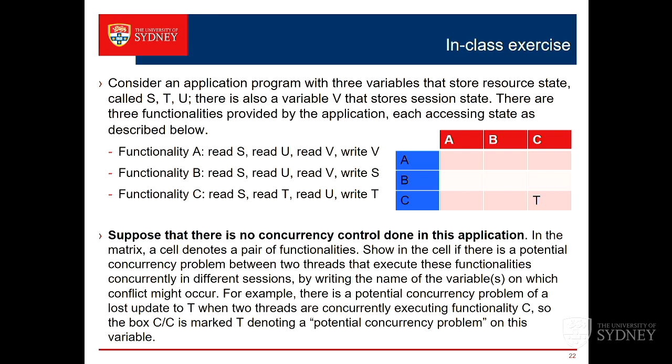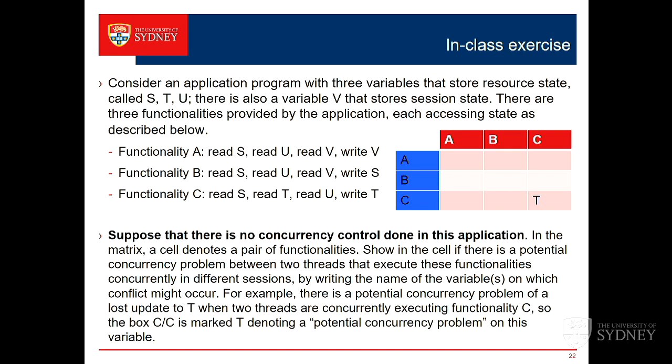The answer is no, because the only updating they're doing is V, and V is private to each instance of A. So the fact that they're updating V doesn't matter because they each have their own V, so they don't interfere. They're only reading S, U, and V, so they're not updating anything and can't interfere with each other. So I could run two copies of A together.